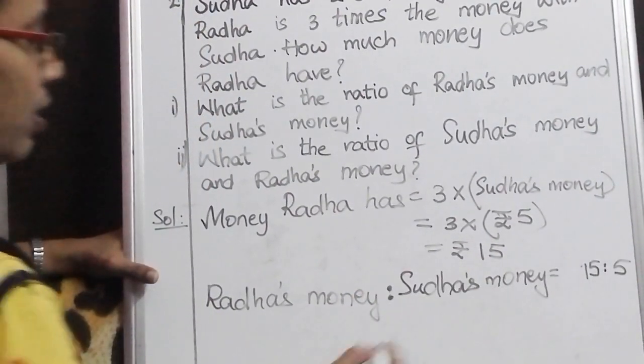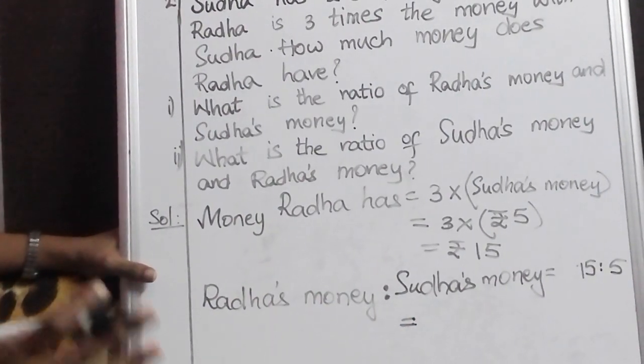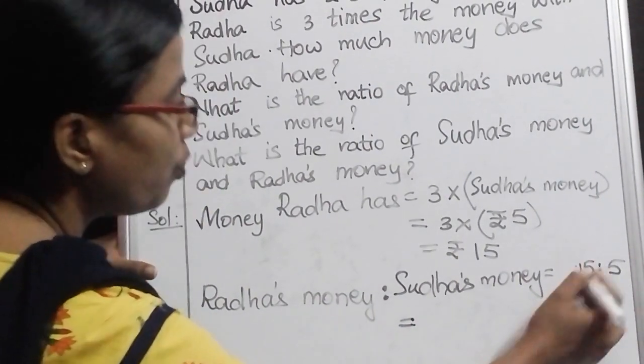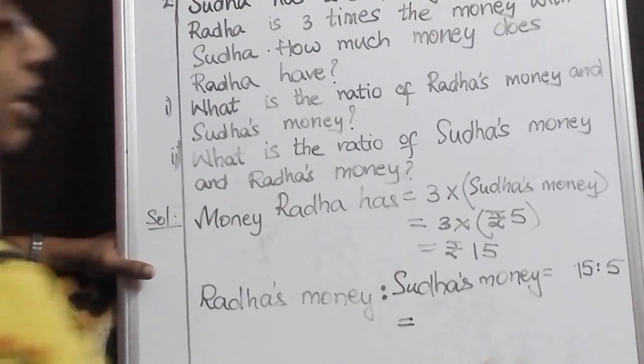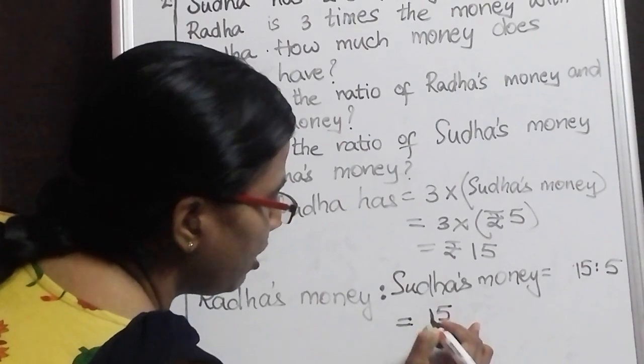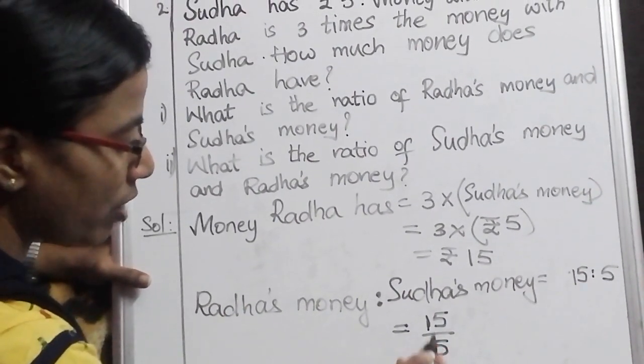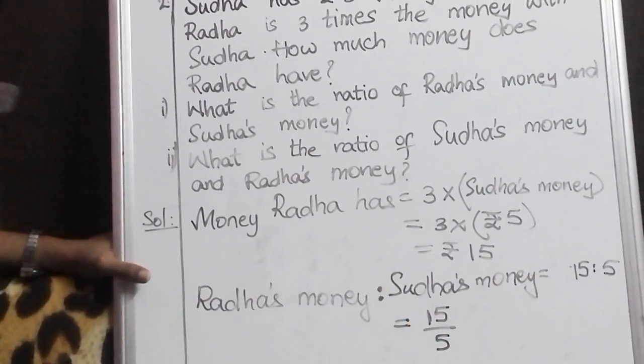15 is to 5. Now what you are going to do is, wherever is to is there, it is nothing but division. You can divide side by side, or you can write it as 15 by 5. Because this is the first problem, I am showing you writing one below the other like division.